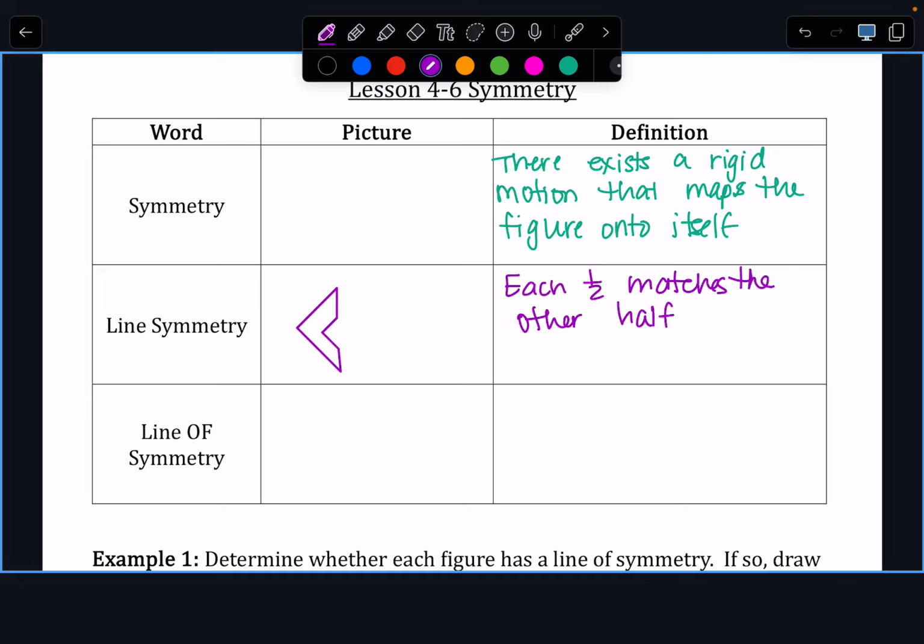That is not as cool as I wanted it to be. I'll try again. Like an arrow. I can rotate this figure about that teal line and it'll look the same. I can fold it in half and it'll look the same. Okay?